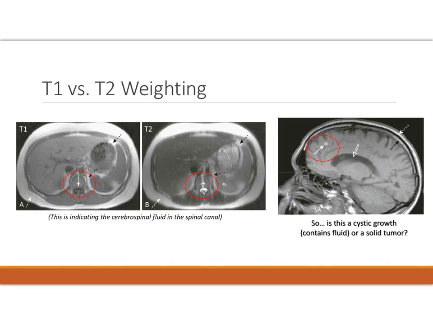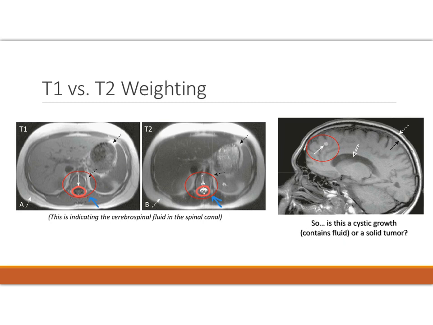Now, here are T1 versus T2 images. So, if we look right in this area, this is where the spinal cord is. Right? And what you notice is that in one image, it is basically black inside that circle, and in the other image, it is bright white.